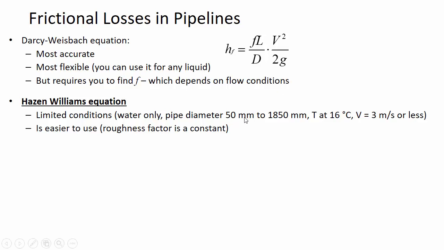The pipe sizes are supposed to be between 50 millimeters and 1850 millimeters. So that should be a red flag right there. None of our pipes were that big last semester. So that's part of the reason why you didn't see the C values to be as consistent as they would have been if all of our diameters were in this calibrated range.